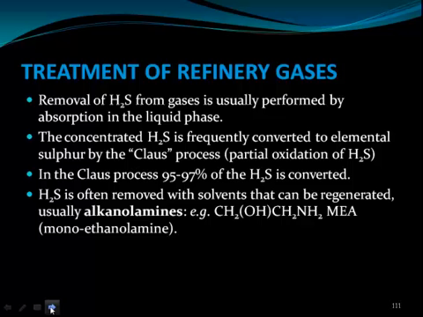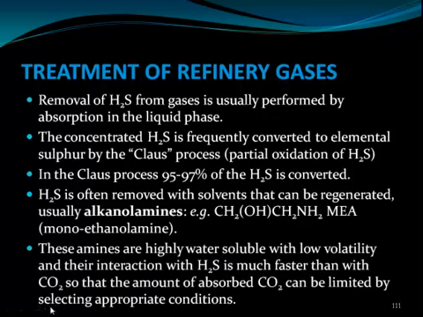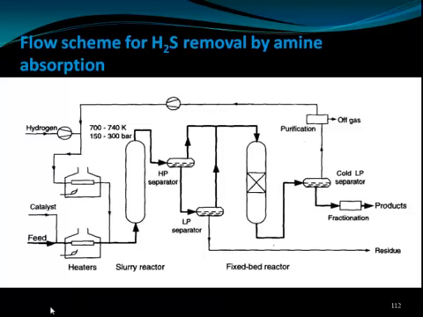H2S is often removed with a solvent that can be regenerated, usually alkaline amines like monoethanolamine. These amines are highly water soluble with low volatility, and their reaction with hydrogen sulfide is much faster than with carbon dioxide, so the amount of absorbed CO2 can be limited by selecting appropriate conditions.